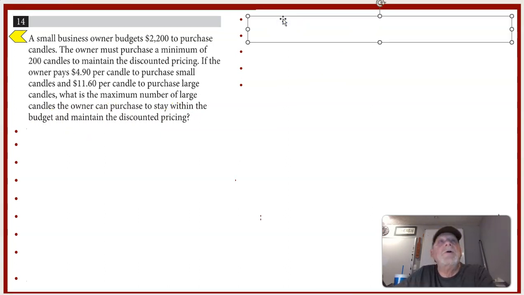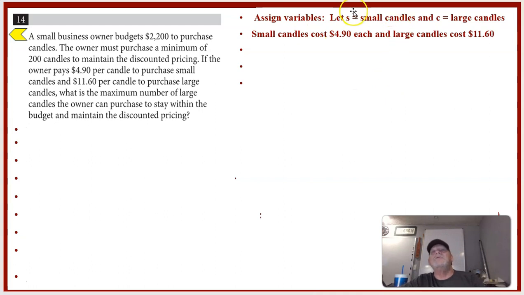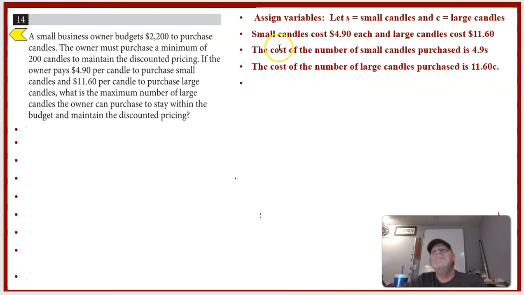So the first thing you do in a word problem like this is you assign variables. S for small candles. And I would have said L was the large ones, but L's look like ones. So I said, let's just say C for the larger candles. And we know the small candles cost $4.90 and the large candles cost $11.60.